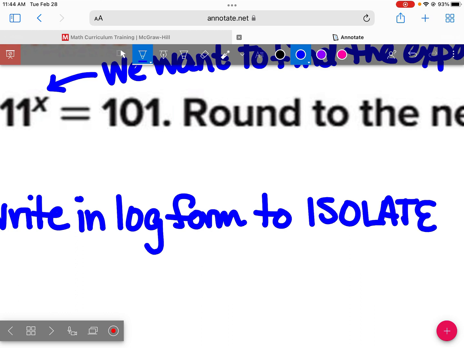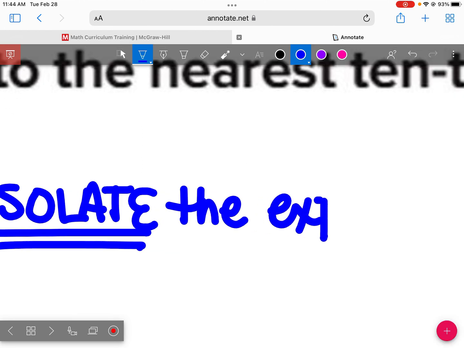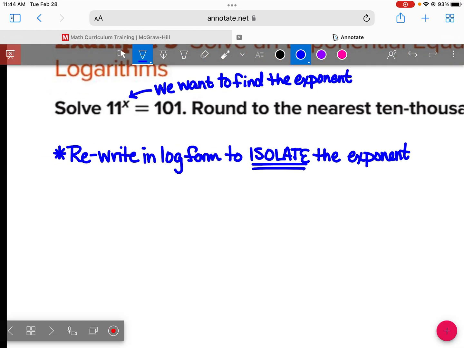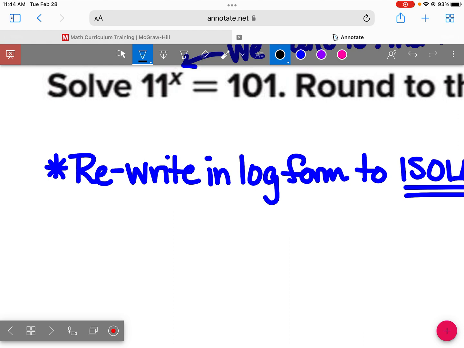Remember, this is the whole point of logarithms, to isolate exponents. So what would this look like in log form? Log base 11, yep. This is our base.